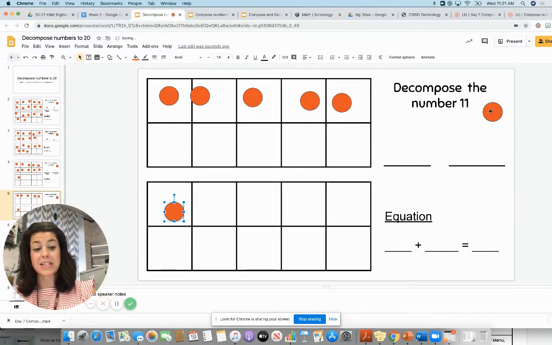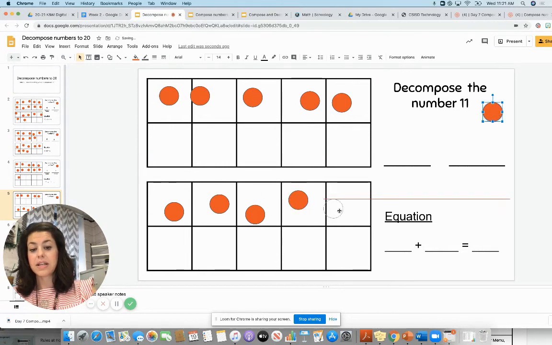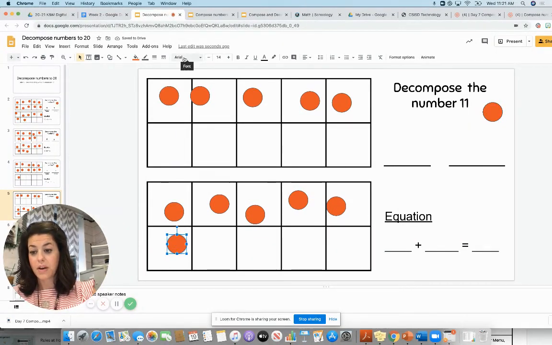That would be 6, 7, 8, 9, 10, 11. So I had 5 at the top and I had 6 at the bottom. Does that get me to 11? Well, let's see. 1, 2, 3, 4, 5, 6, 7, 8, 9, 10, 11.